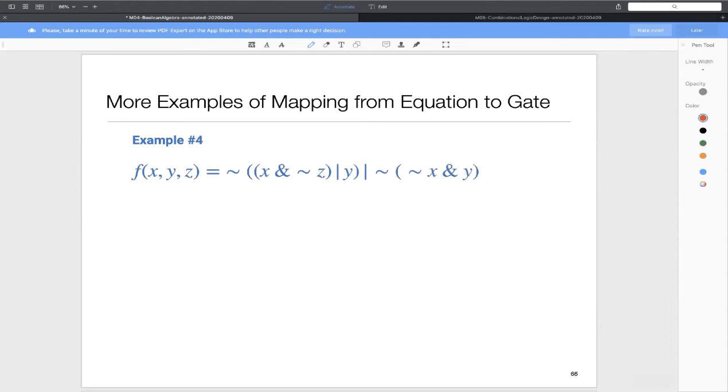Okay, so what would the circuit look like out here? What's the outermost operation here? Is the outer operation NOT? No. Isn't it OR? Okay, which OR?